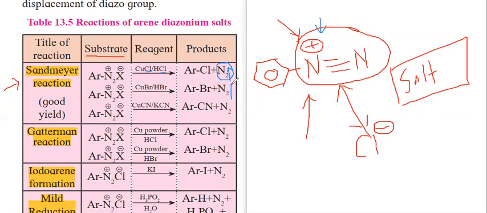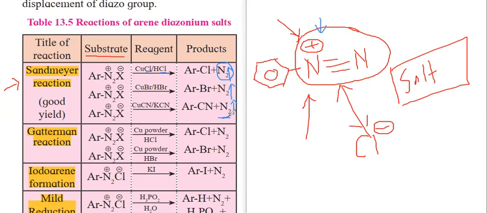Here the arrow must be included. Nitrogen is evolved in this type of reaction, in which there is displacement of the diazo group.